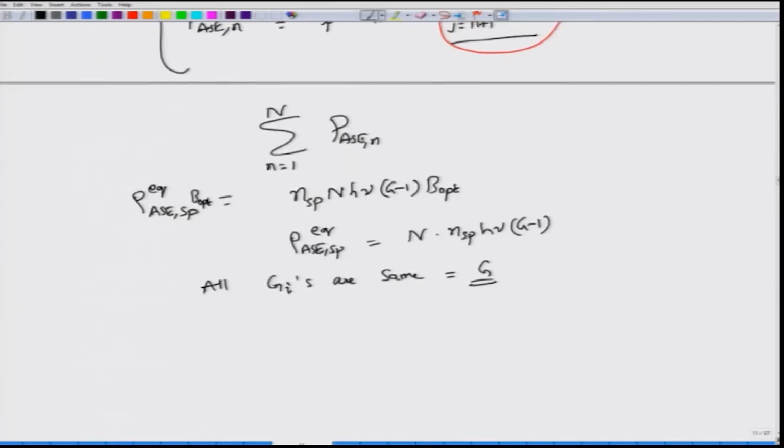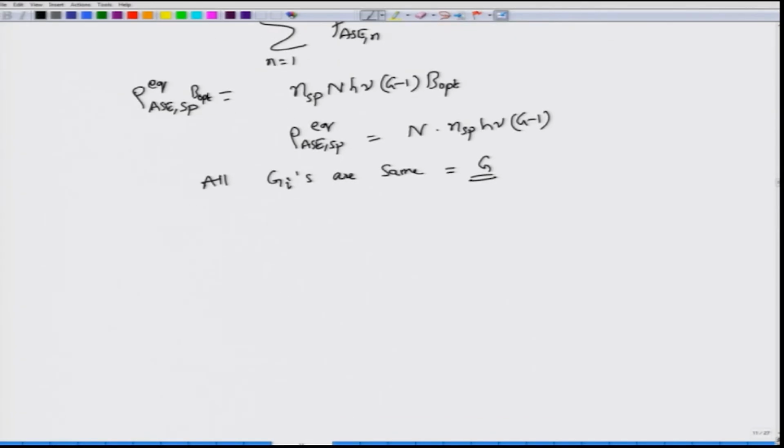There is one smaller thing that is associated with this one. If you look at the ASE power, we will not prove this one, but you can see this one later. If you look at the ASE power as a function of the amplifier spacing L_A, it turns out that as the amplifier spacing increases, remember as L_A increases, e to the power minus alpha L_A decreases, which implies that e to the power alpha L_A must increase, which means that the gain of the amplifier has to be increased.